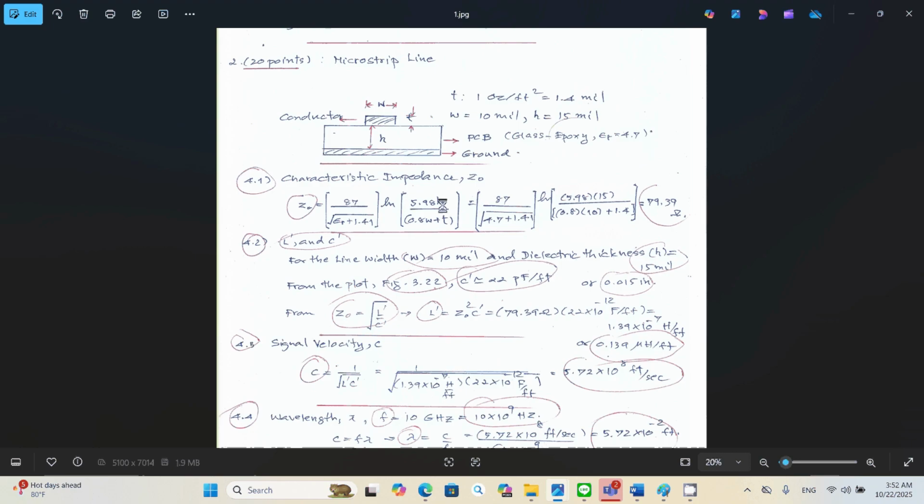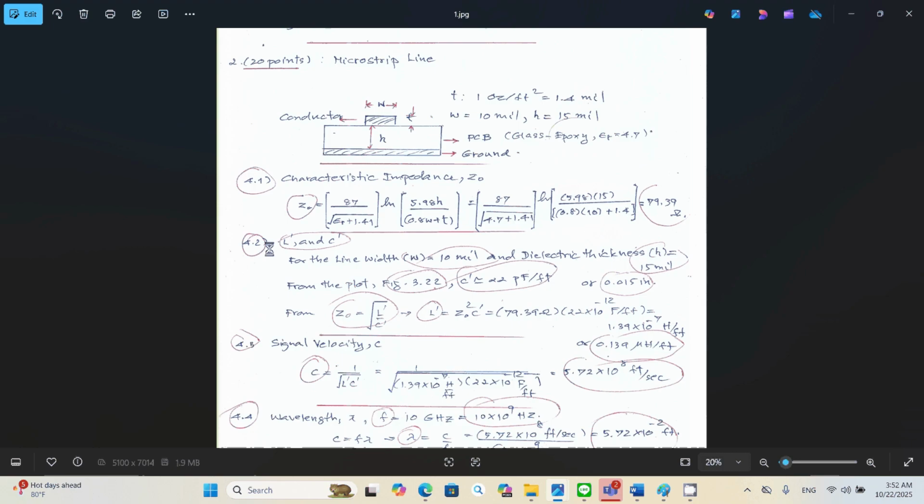You don't need to convert the unit of mil into any other unit, since the units will cancel out. As you can see here, H, W and T are all in mil. So you just plug in the numbers, and you end up with Z0 equal to 79.39 ohms.